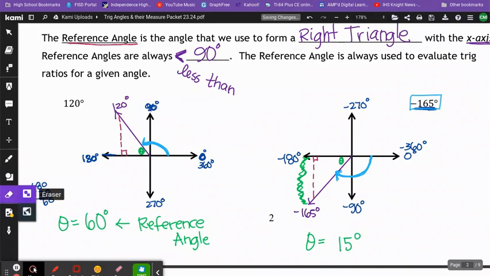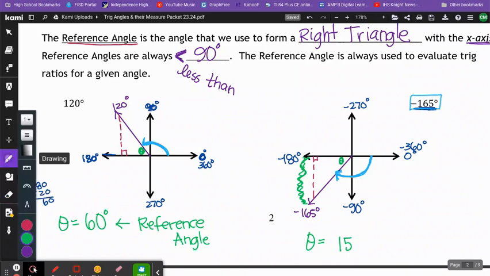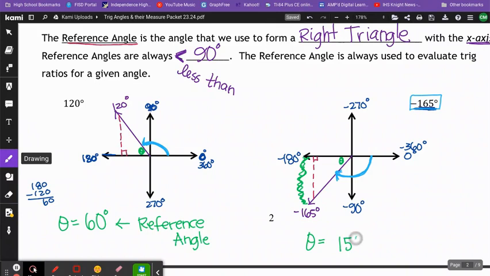If you wanted to go to your calculator and subtract 165 from 180, you would find that your result is 15 degrees. So the reference angles always have to be positive. So the negative only indicates that you're going in a negative direction. The measurement itself is actually a positive, but you've moved in a negative direction. So here my theta is 15 degrees.